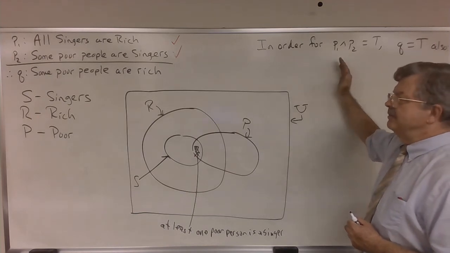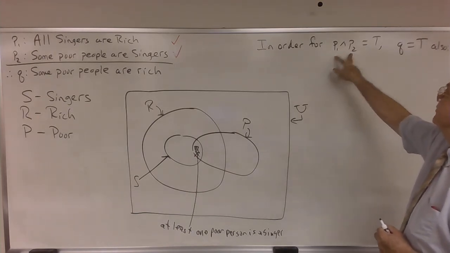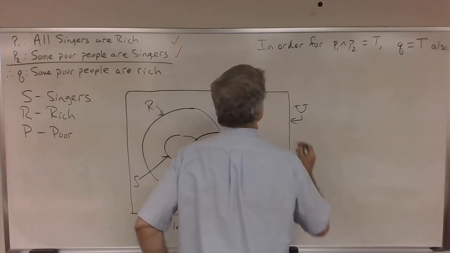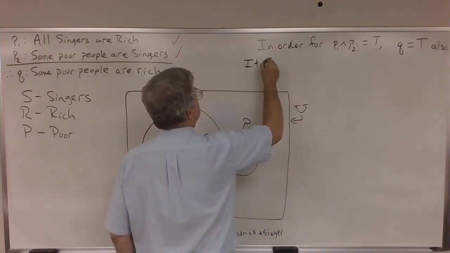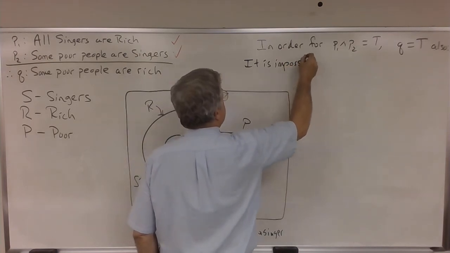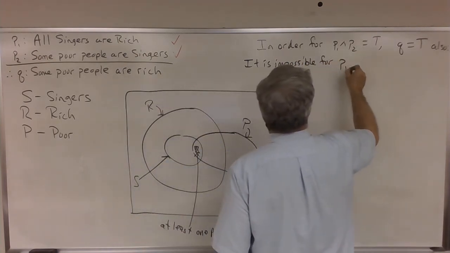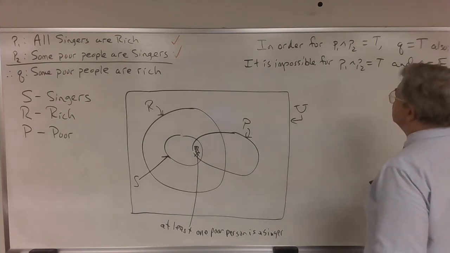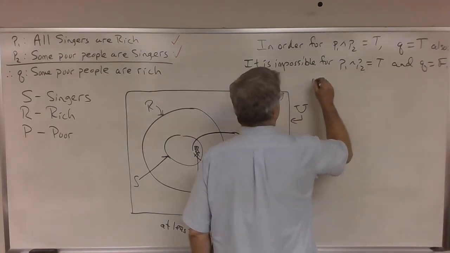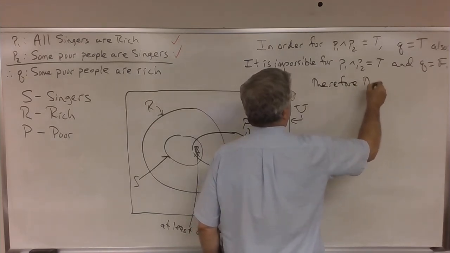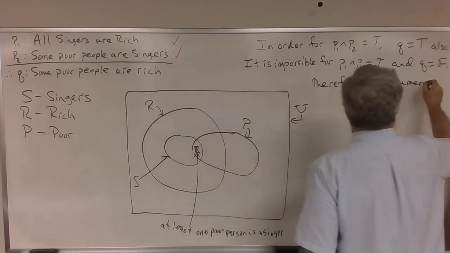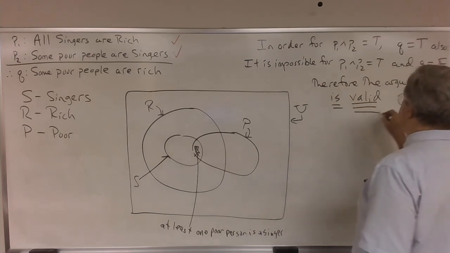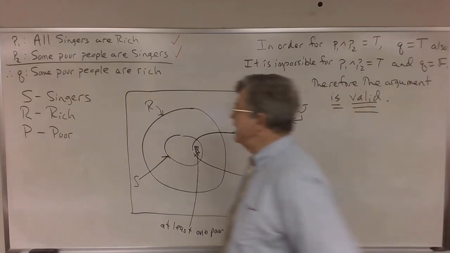Since it's impossible to make the conjunction of the premises true and have the conclusion be false, this argument is valid. That argument is valid.